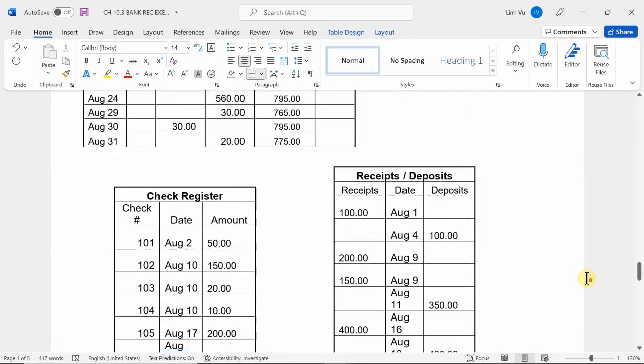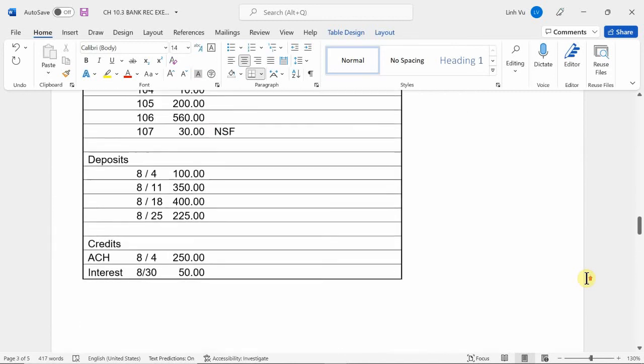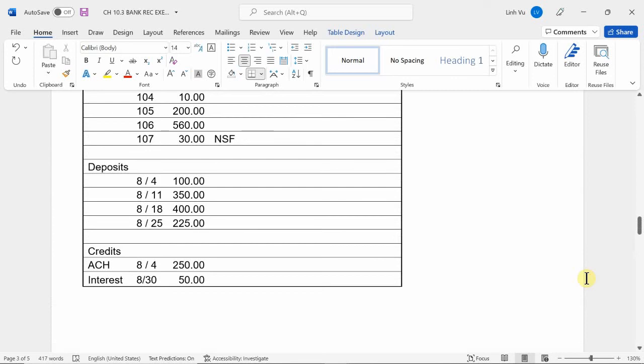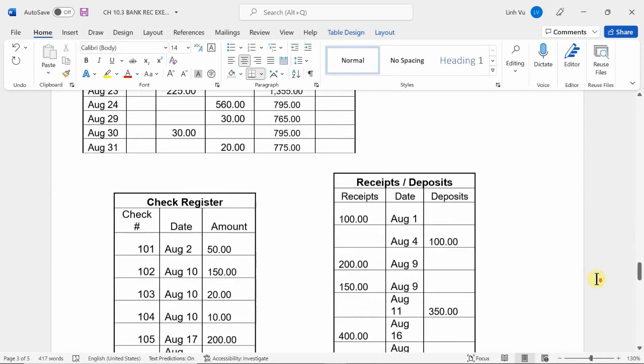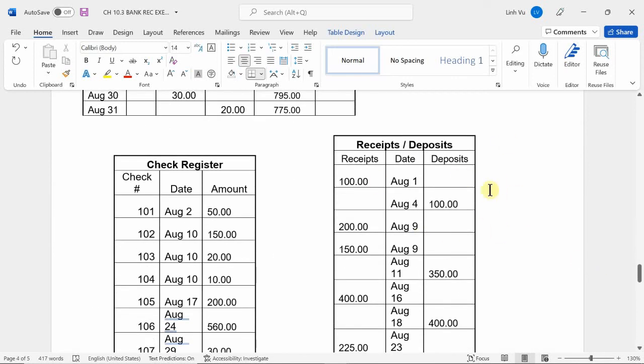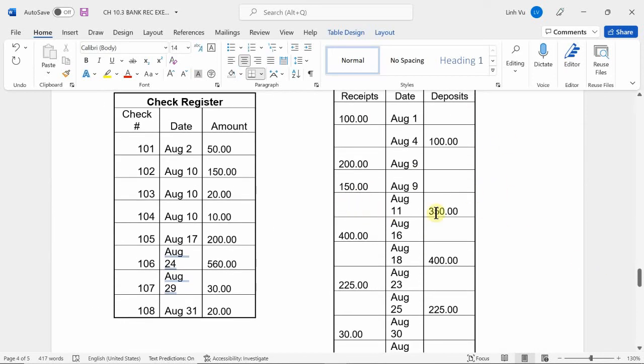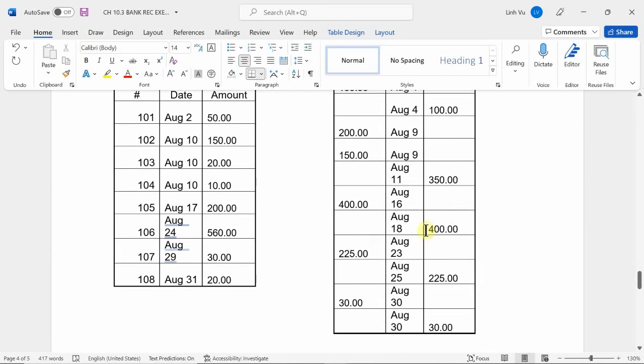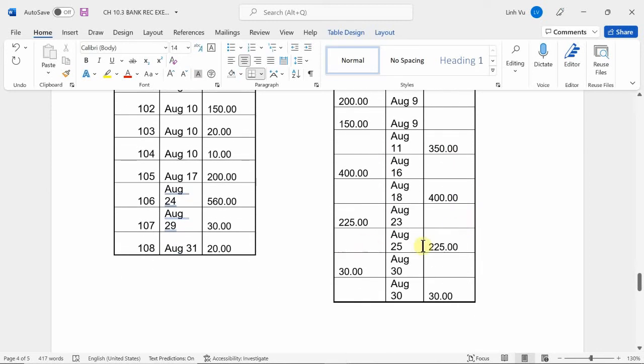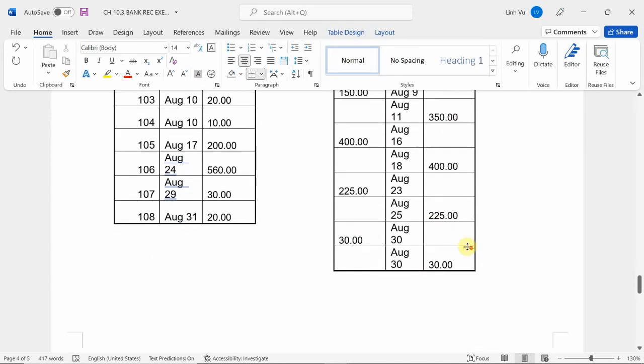Let's see. I deposited $100, then $350, and $400, and then $225. I deposited my 100, so that's good. 350, that's good. 400, that's good. 225, that's good. The one that I'm missing is this $30 deposit.